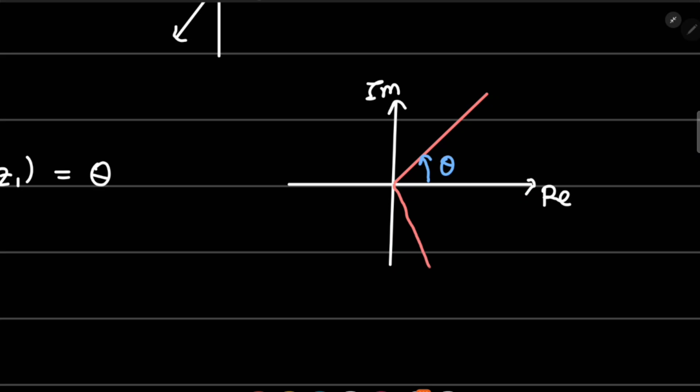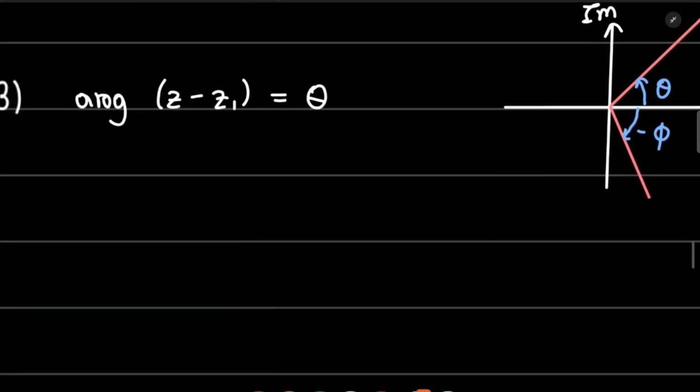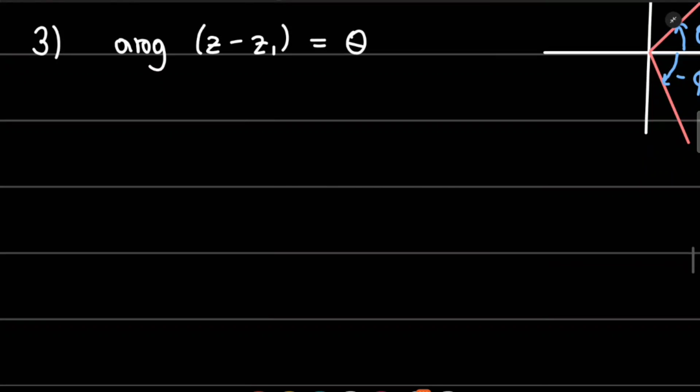So for a line like this, the angle will be negative phi or something. So for this line, it will be a half line that begins at z1.